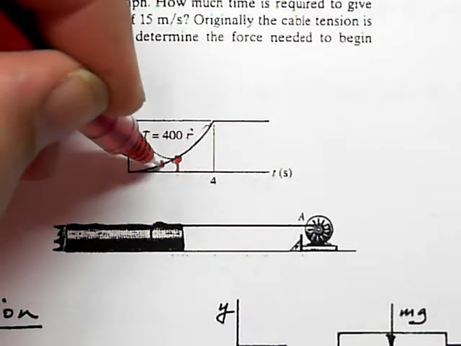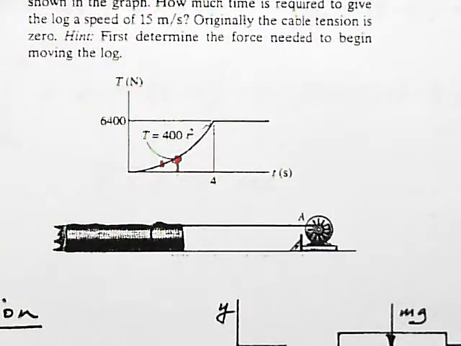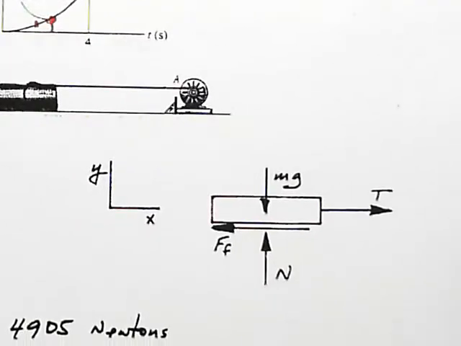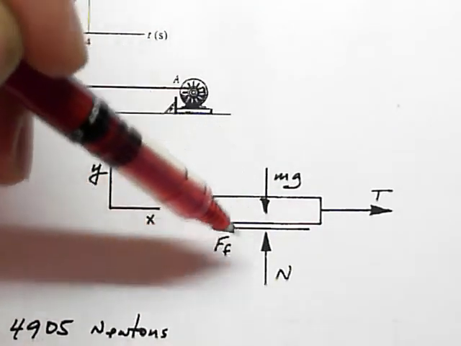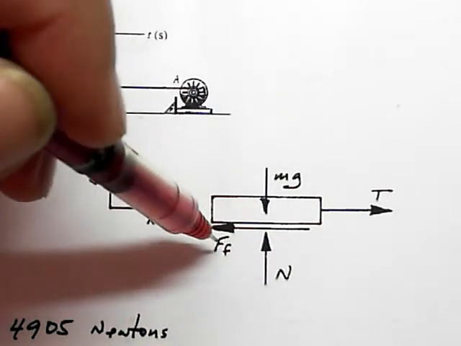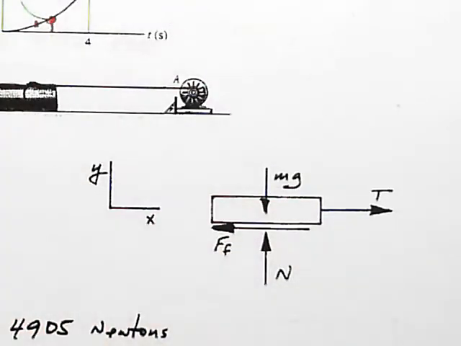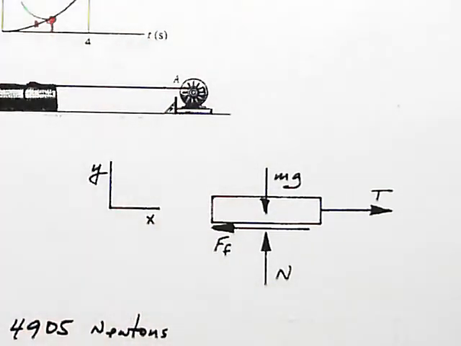While my motor force is too low to move the log, looking at a free body of the log, I've got motor force, gravity acting downward, normal acting upward, and friction fighting the motor force. Now, if I'm not moving, what is the size of the friction?